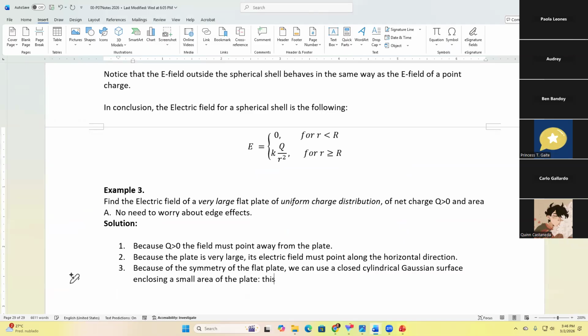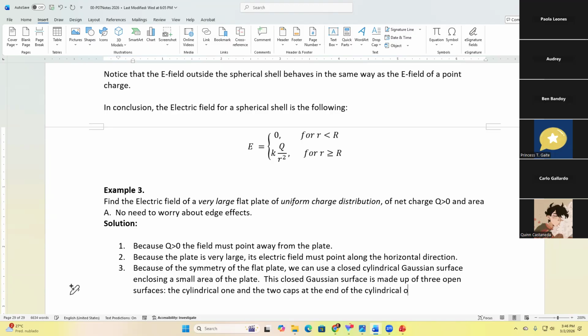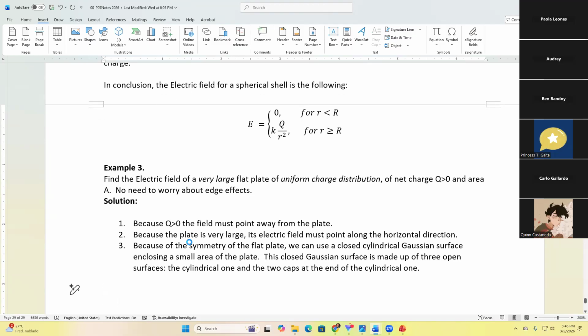This closed Gaussian surface is made up of 3 open surfaces, right? 1, the cylindrical one, and the 2 caps at the end of the cylindrical one. Okay, so Gauss's law looks like something like that, you know?